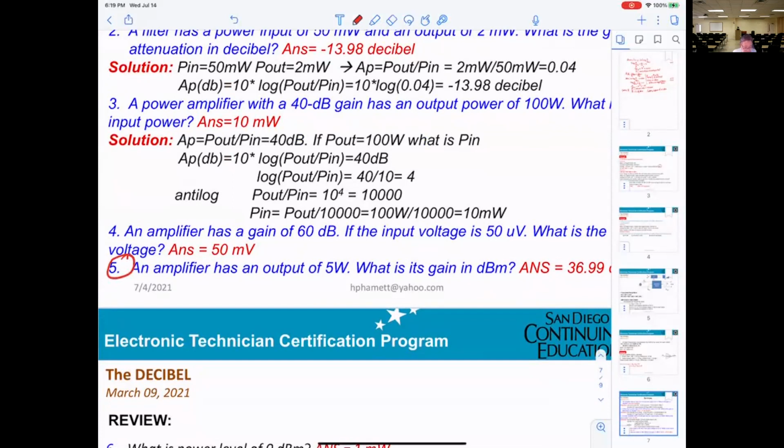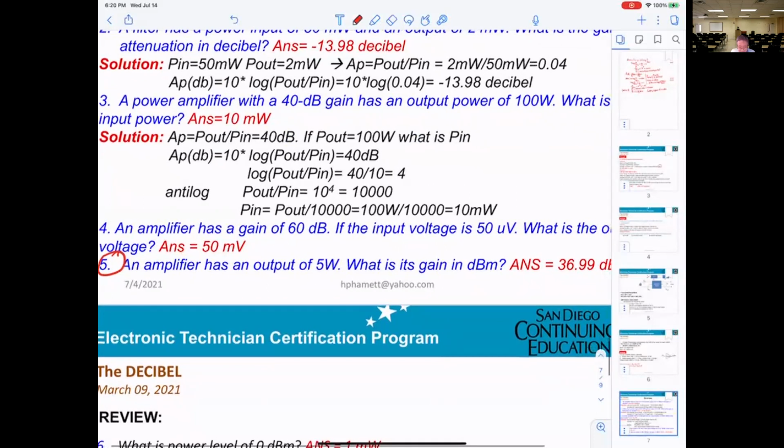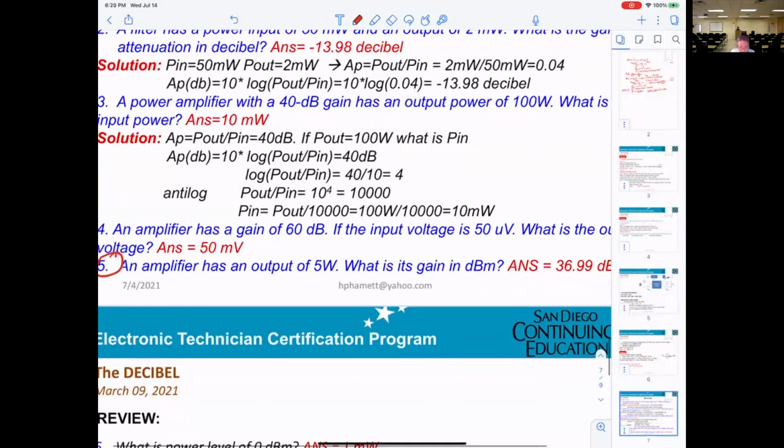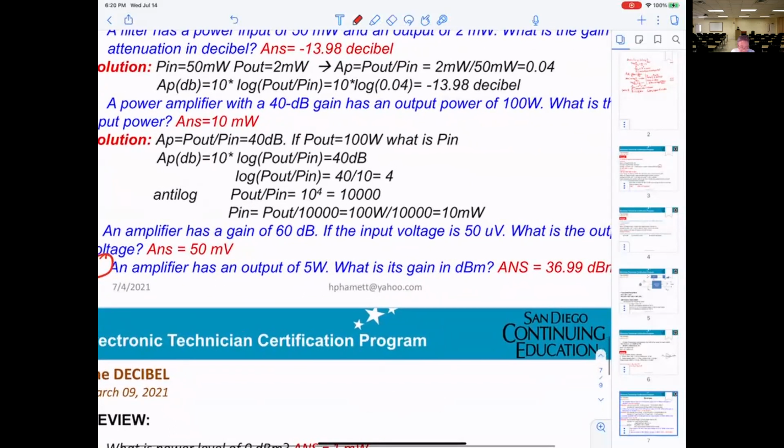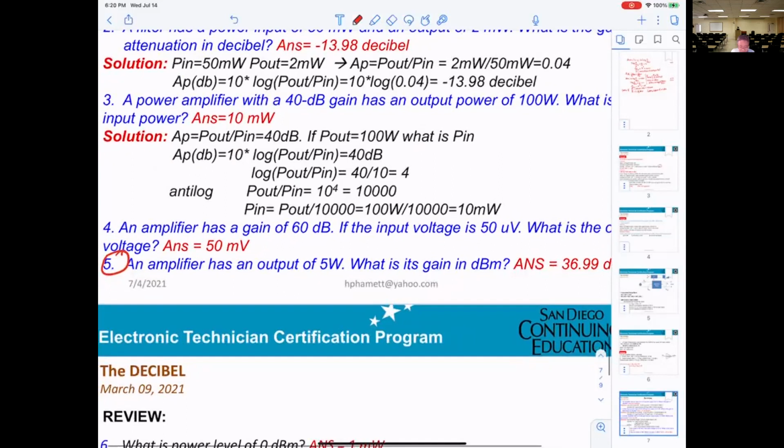An amplifier output of 5 watt. They want to know in the dBm. You try it to see, can you get the answer? It will be 36.99 dBm.